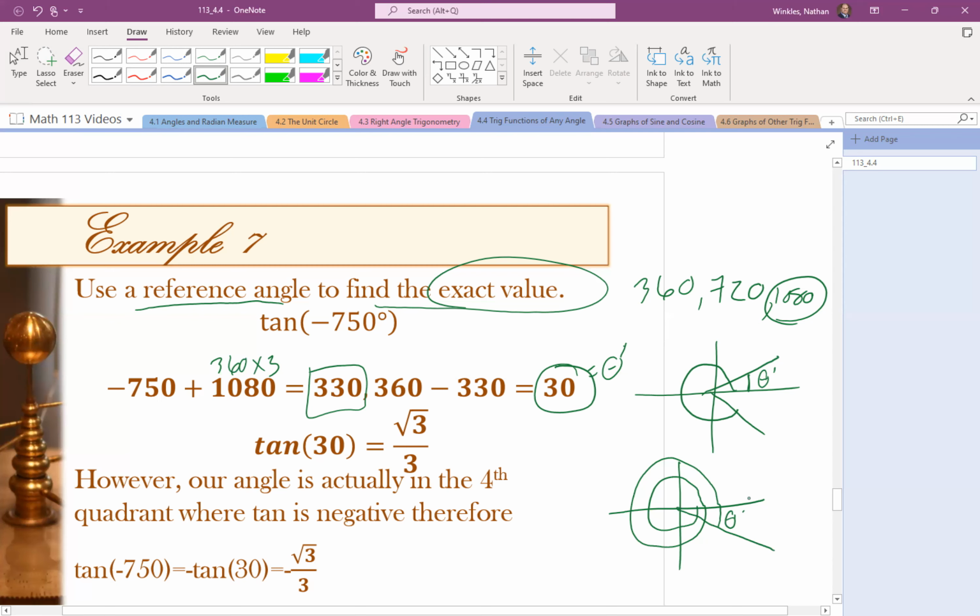So we're actually in the fourth quadrant on our negative 750. Since we're in the fourth quadrant, tangent is negative here because they're opposite signs for sine and cosine. So negative 750 is the same as negative tangent of 30, which is negative root 3 over 3 as our answer here.